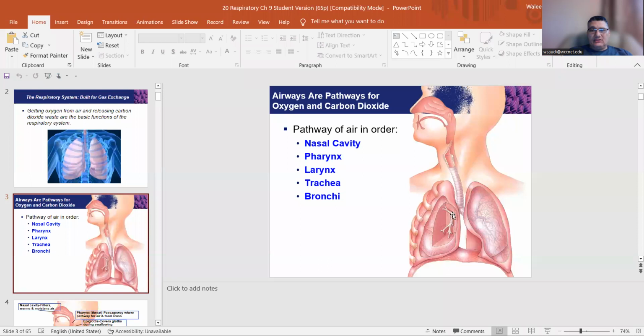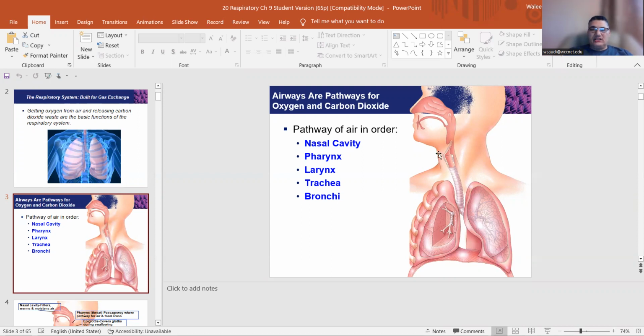This will divide in a tree fashion, like two big branches, and then branches, branches, branches, until it goes to the smallest of all, which are the alveoli, like these, in which the air exchange or the gas exchange is going to occur.